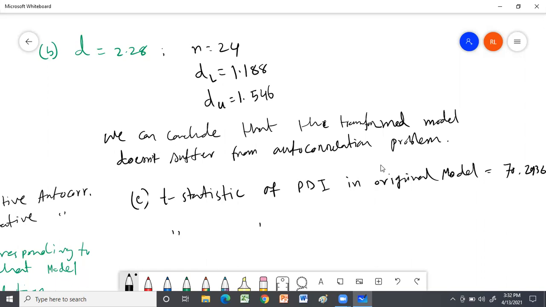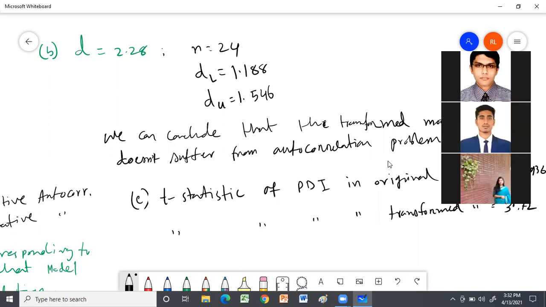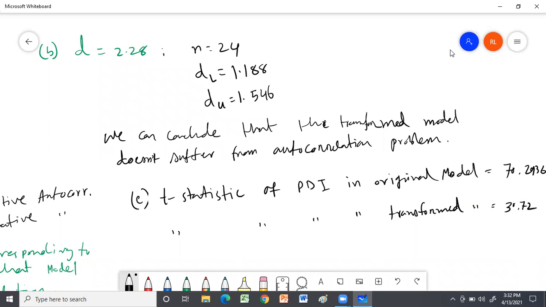And the t statistic of personal disposable income in the transformed model is 30.72. So what do you think? Why has this t statistic drastically dropped when you transform the regression model? What is your suggestion? Can you recall the consequences of autocorrelation in the regression model?